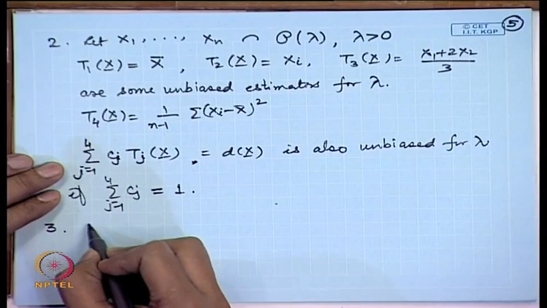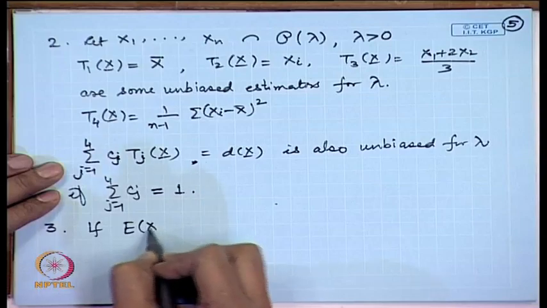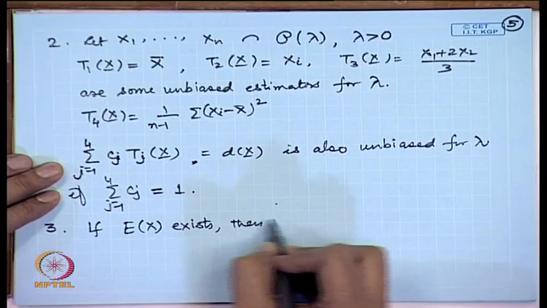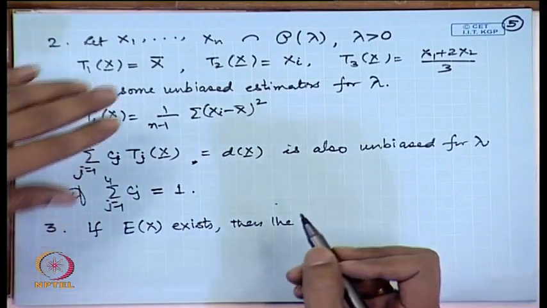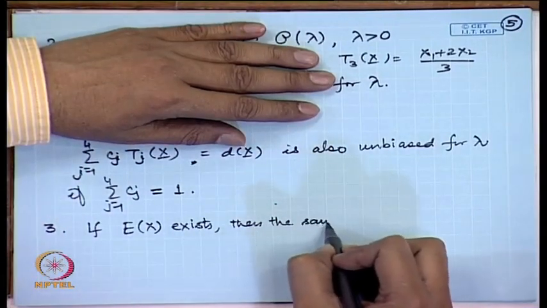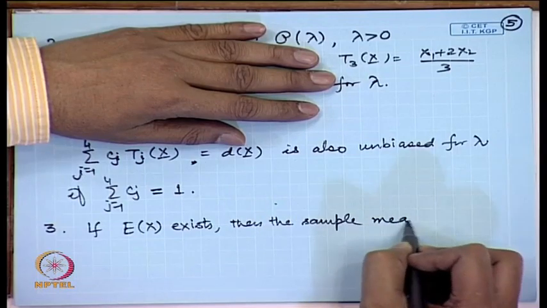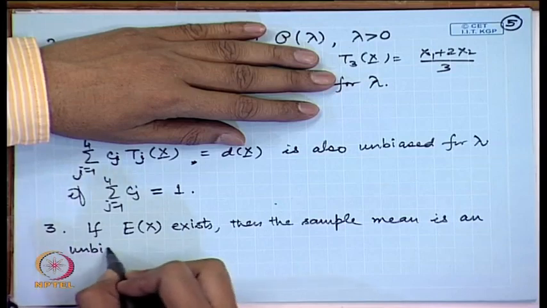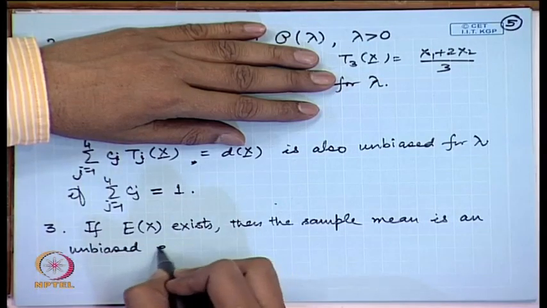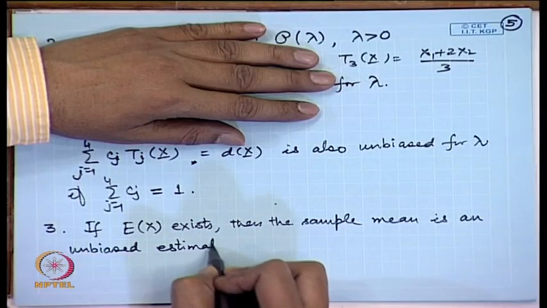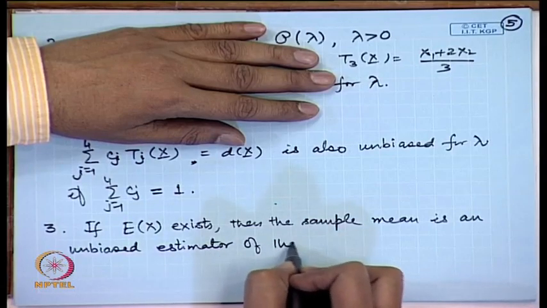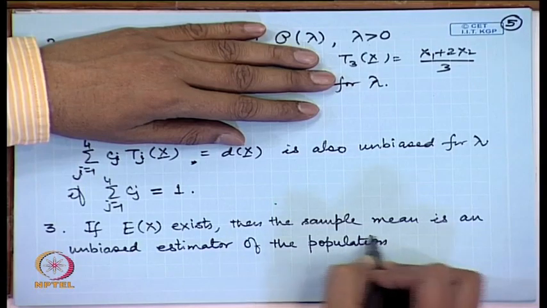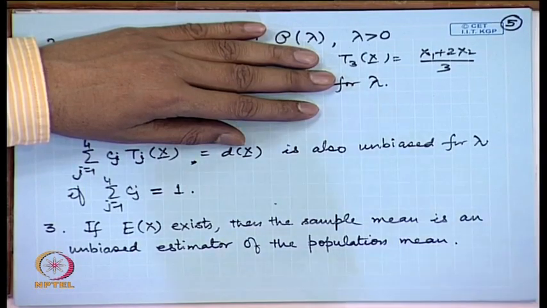So, you can write that if expectation of X exists, then in any given estimation problem, the sample mean is an unbiased estimator of the population mean.